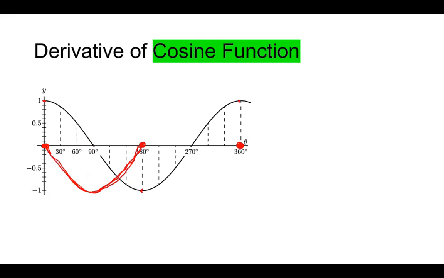After this point, in the interval from 180 to 360, the graph is increasing, as you can see. That means the derivative has to stay positive. And at 270, the graph has its maximum value, so let me draw this point also. The graph has to pass through this point and this point. This is the only way to make the curve smooth.